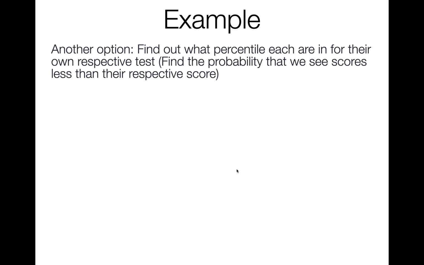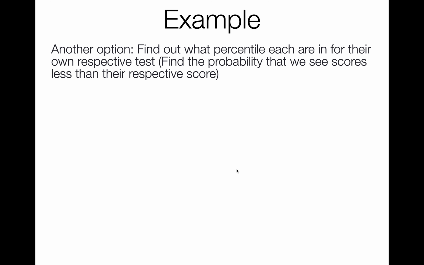A percentile, as we talked about before, is the percent of the distribution below a point. For us, that's the same as saying we want to find the probability that we see a score less than their respective score.